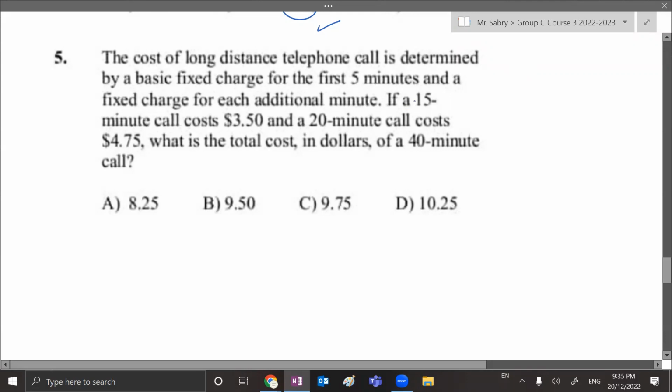Now, you have to create the equations. You don't have to even create the equation, you can use those as points. If the 15-minute call costs 3.5, that's a point, 15 on the x and 3.5 on the y.